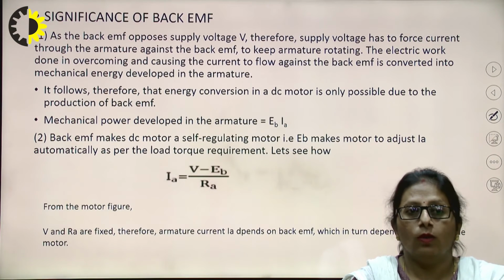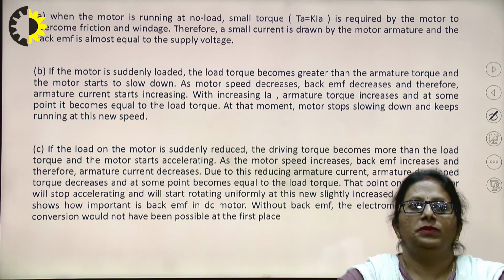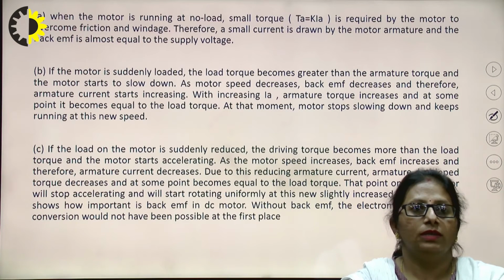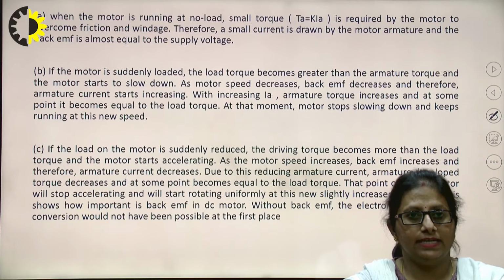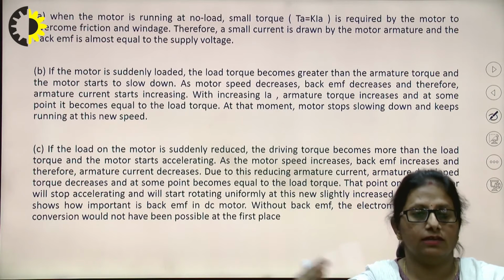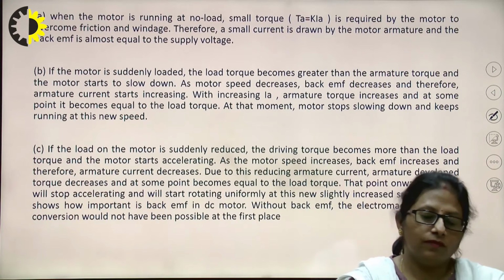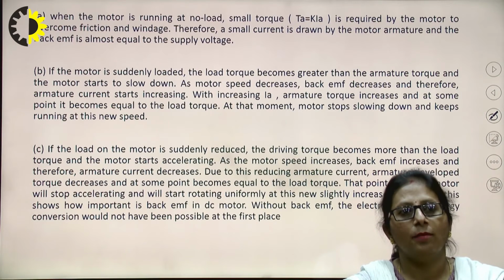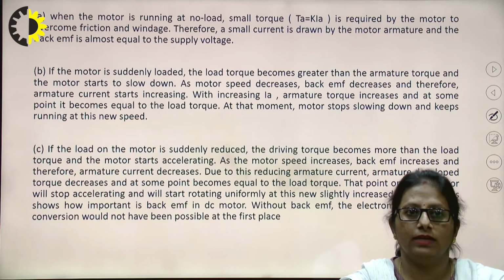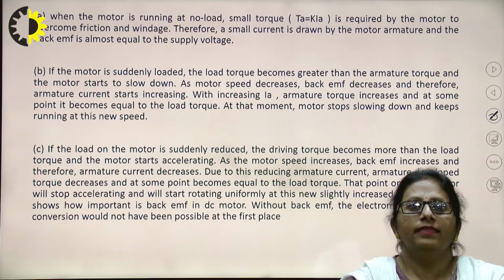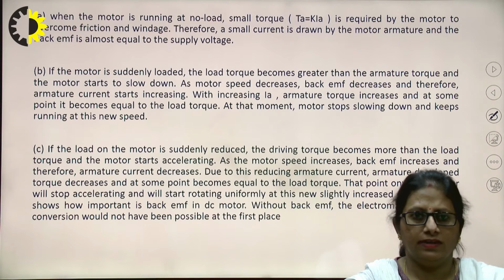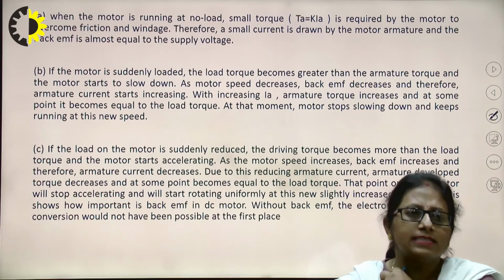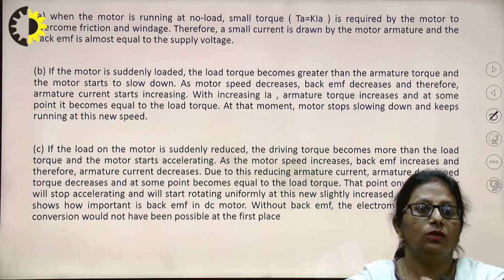So with a sudden increase in the load, the motor speed is going to decrease. With that, the back EMF, because it is directly proportional to the speed, is also going to decrease and therefore the armature current starts increasing. With the increase in the armature current, the armature torque increases, since it is directly proportional. And at some point, it becomes equal to the load torque.